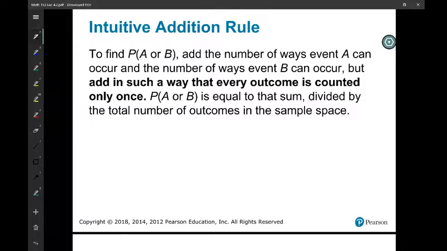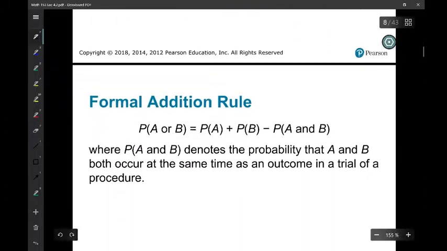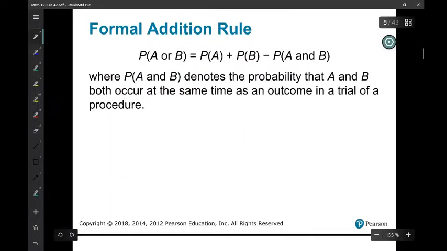So the probability of A or B is equal to that sum, and then divide that by the total number of outcomes in the sample space. And we have a formula for the addition rule. So the probability of A or B is the sum of the individual probabilities, and then subtract out the probability of A and B.